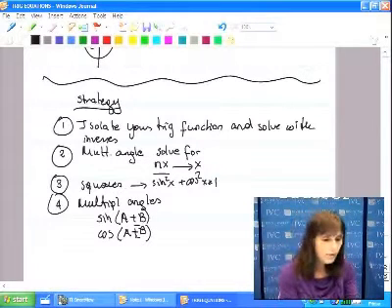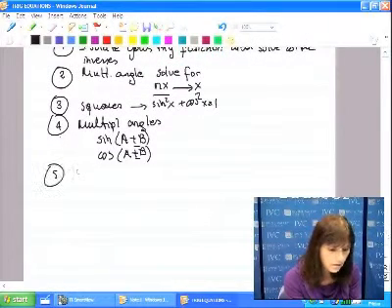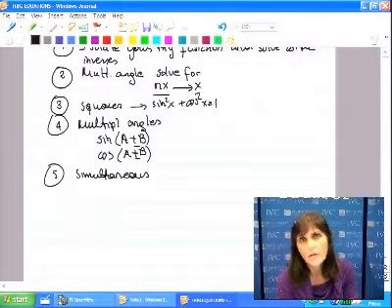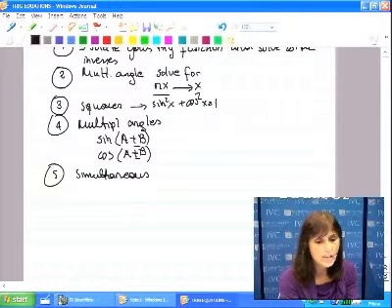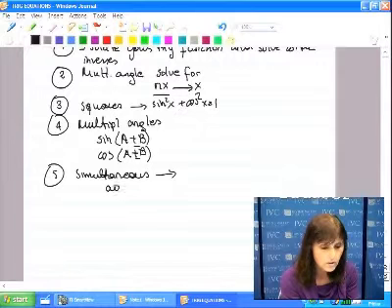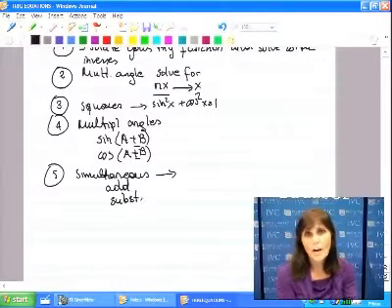And then if you have simultaneous equations, you just solve them the way you solve any kind of algebraic equation. If it is y equals, you set them equal to each other, just like the previous one. If it isn't, use either the addition or substitution method. And that will pretty much summarize it. So good luck.